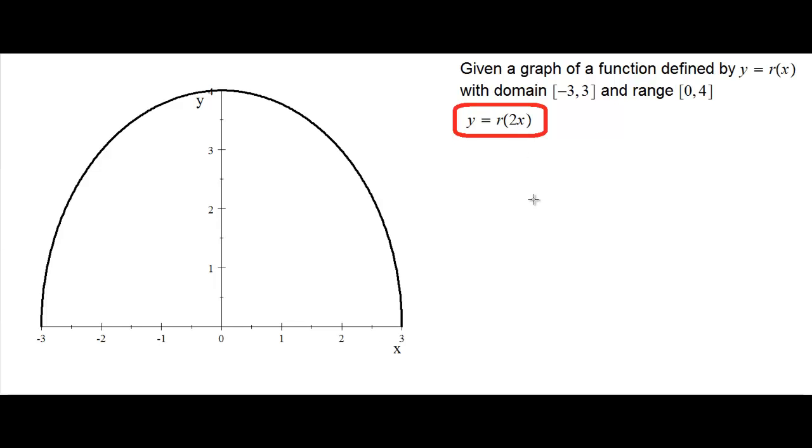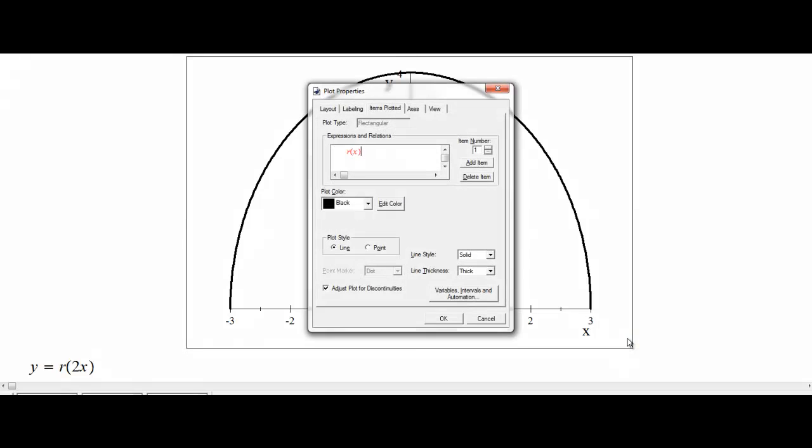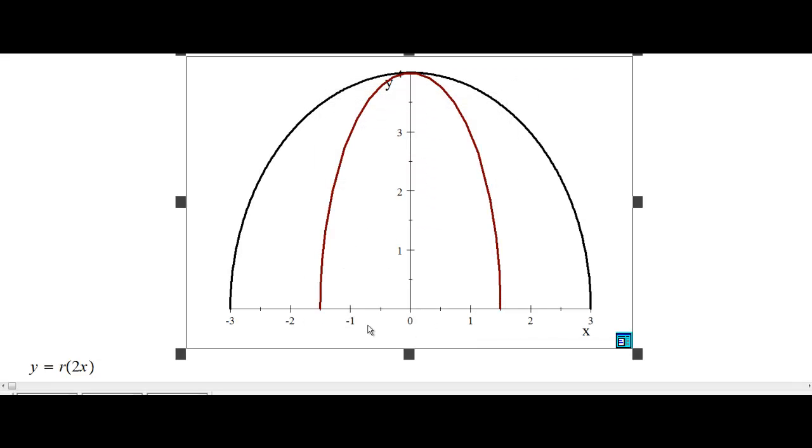So I'm going to write in r(2x), and let's keep it red. As we expected, the graph shrank by a factor of 2, with domain the closed interval from negative 1.5 to positive 1.5, and the range still remaining the closed interval from 0 to 4.